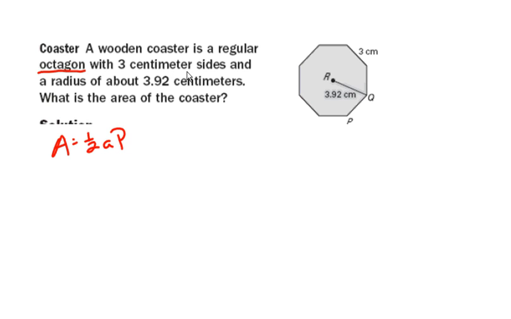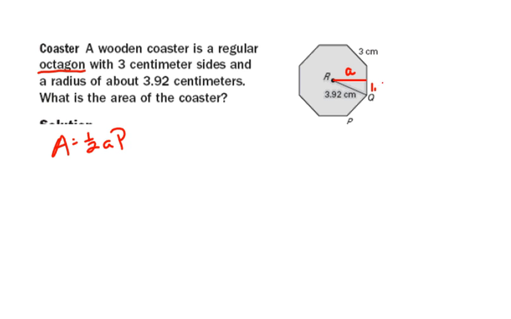Okay, so we're given a wooden coaster. It's an octagon. It's got 3 centimeter sides and a radius of about 3.92 centimeters. And we need to know the area of the coaster. What we don't know is our apothem, but we can find it. If we drop an altitude that bisects the side, then we're looking for the apothem.